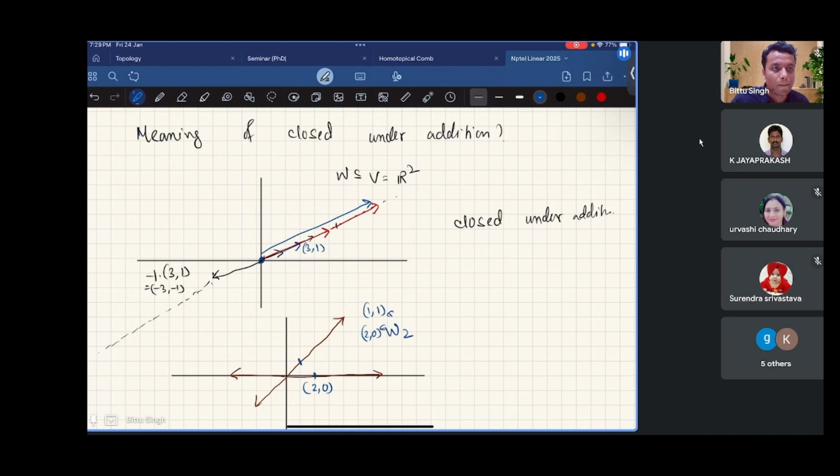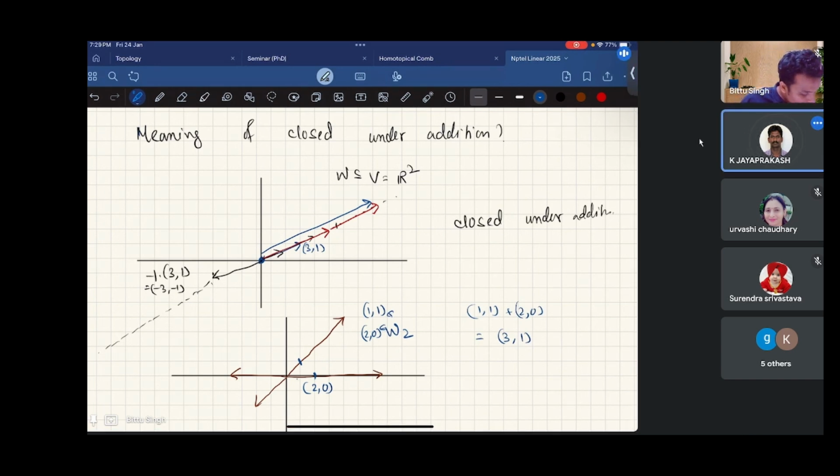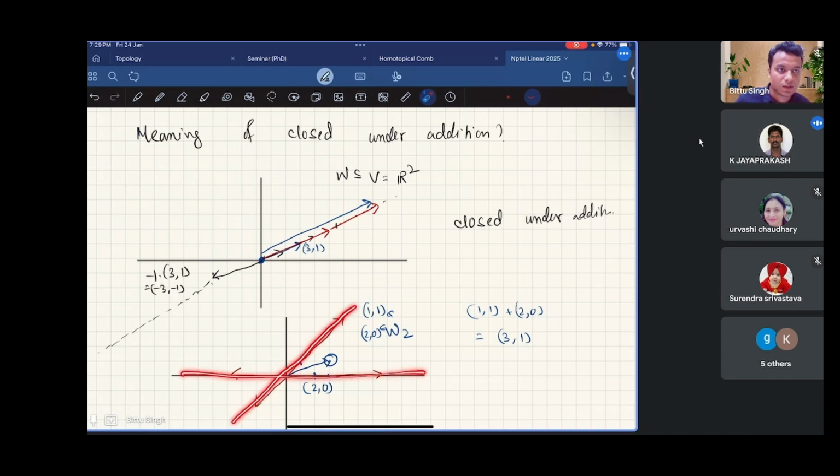But what is their sum? 1, 1 plus 2, 0. The sum will be 3, 1, right? But where is 3, 1? It will be 3 on the x-axis and 1 up. So this vector should lie inside W2. Is it true? W2 is this axis union this line.